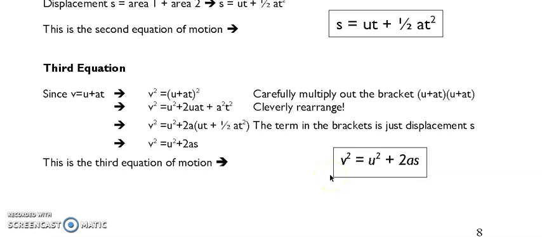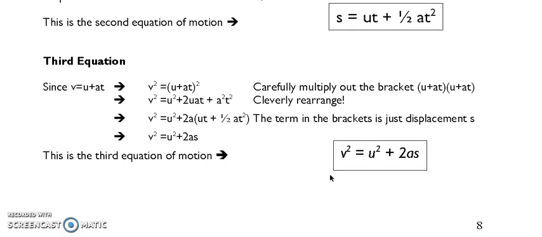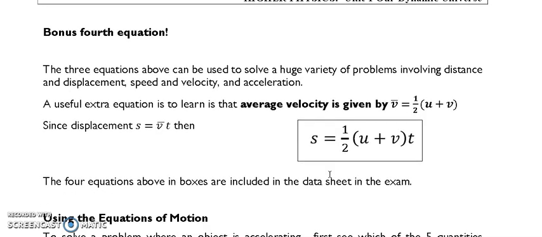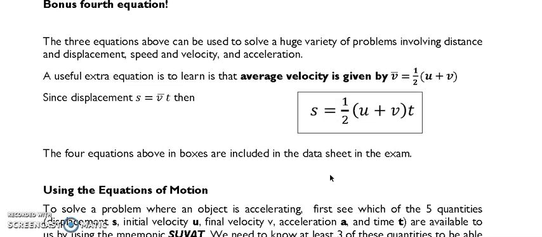You can solve all of the questions that we will do in Higher Physics using just these three equations of motion. However, there is a fourth equation of motion, and that comes from the fact that the average velocity is equal to half the initial speed plus the final speed.